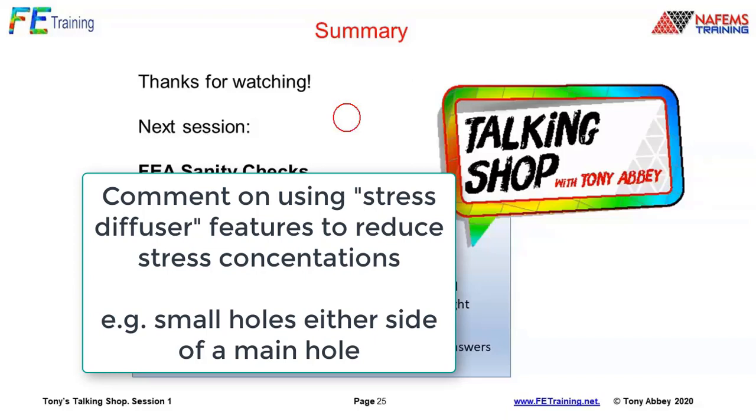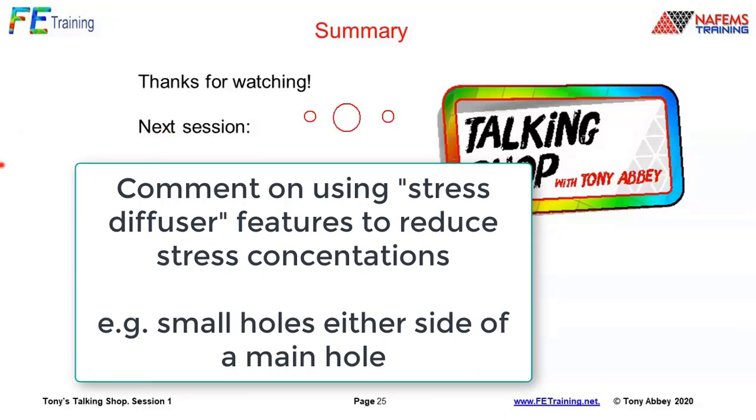What's very interesting is we can actually put a hole upstream and downstream, and what that does is, again, it's like thinking of fluid flow. If the flow is flowing in this direction, it's kind of warning that major hole here.